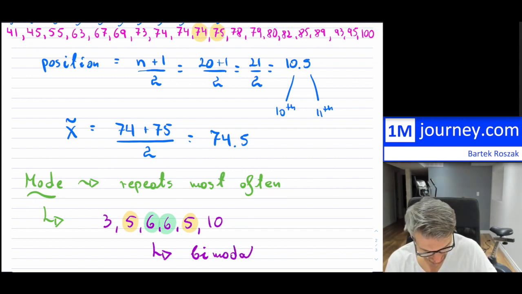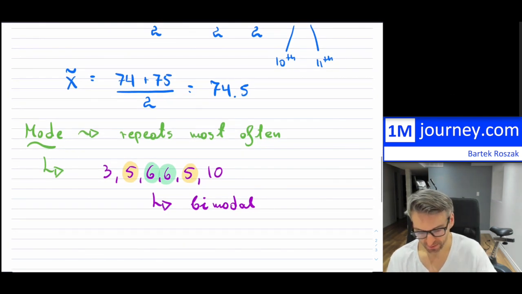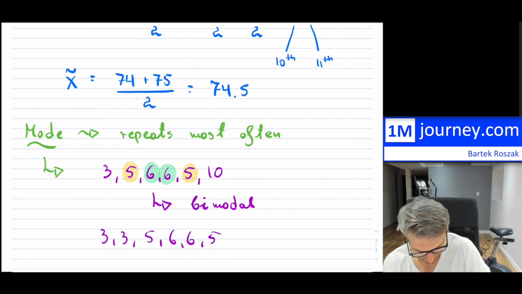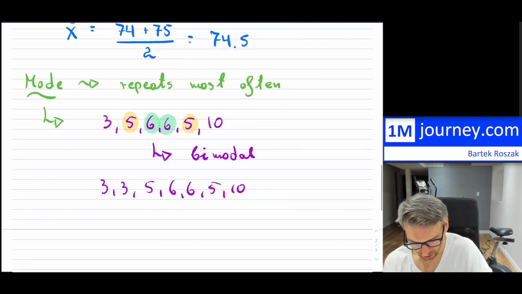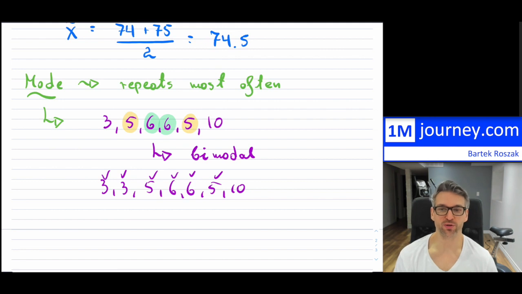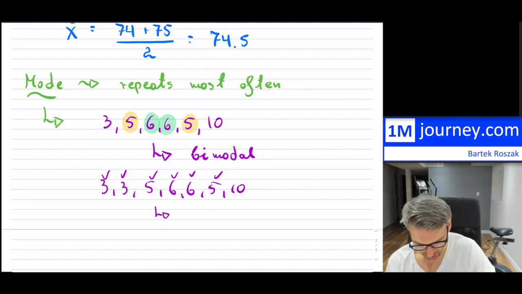Now, if you have something where it repeats 3 times, say a data set of 3, 3, 5, 6, 6, 5, and 10, notice the 3 repeats twice, the 5 repeats twice, and the 6 repeats twice. So which one do you choose? This would be called trimodal, tri for 3.